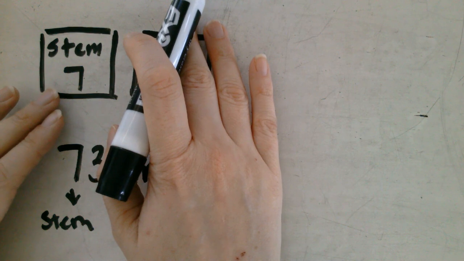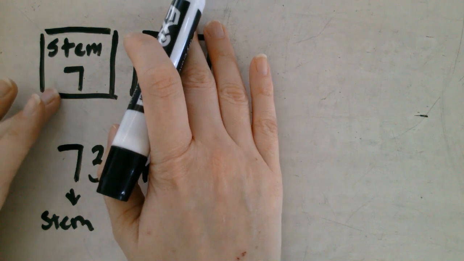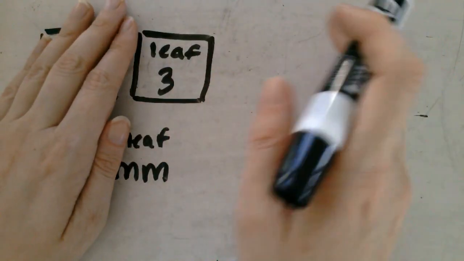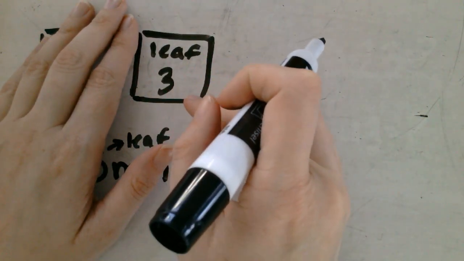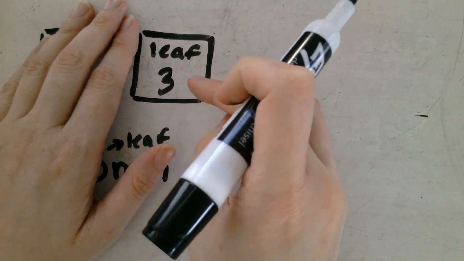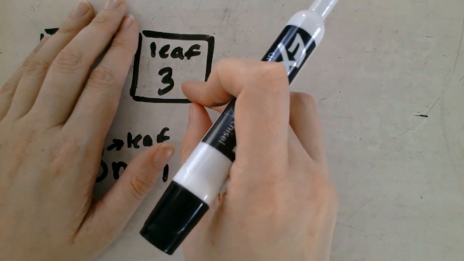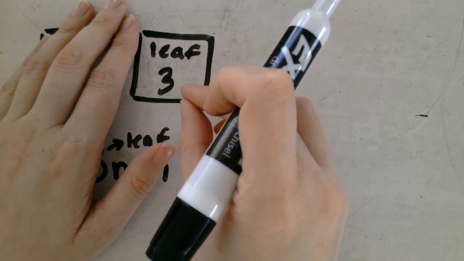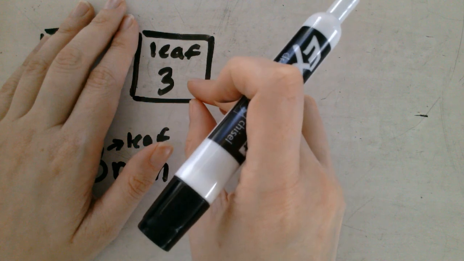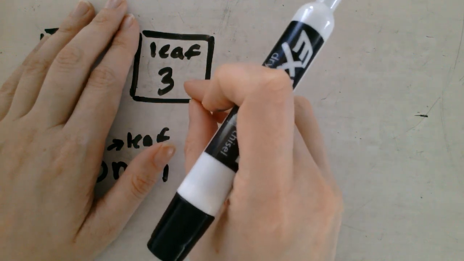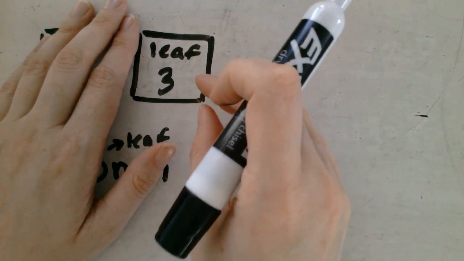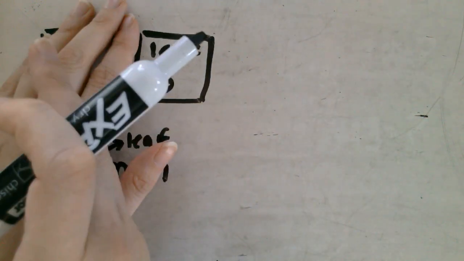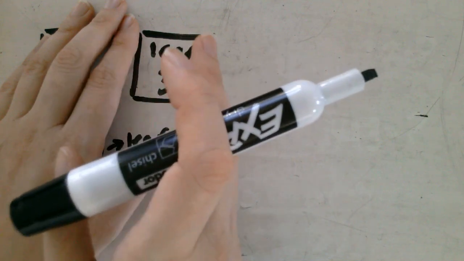After you are all in your corner with your stem sticky notes, you are going to switch your hands and look at your leaf sticky notes with everyone in your specific corner. In that corner, you are going to need to put yourselves in order based on your leaves from least to greatest. So I have the leaf 3. If someone else had the leaf 1, they would be a smaller number than me, so they would be closer to the left side of the line because we're lining up least to greatest.